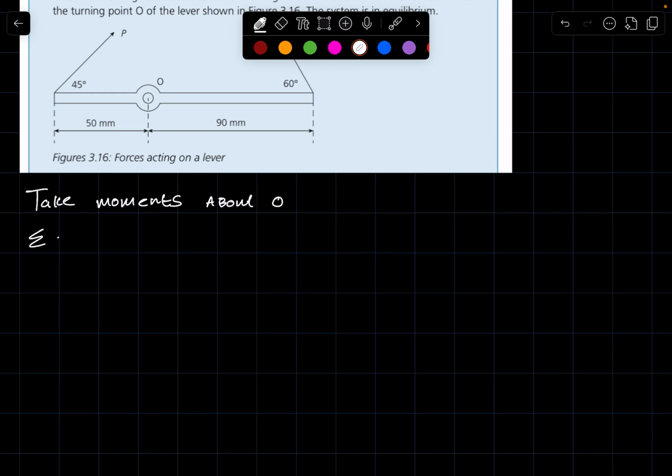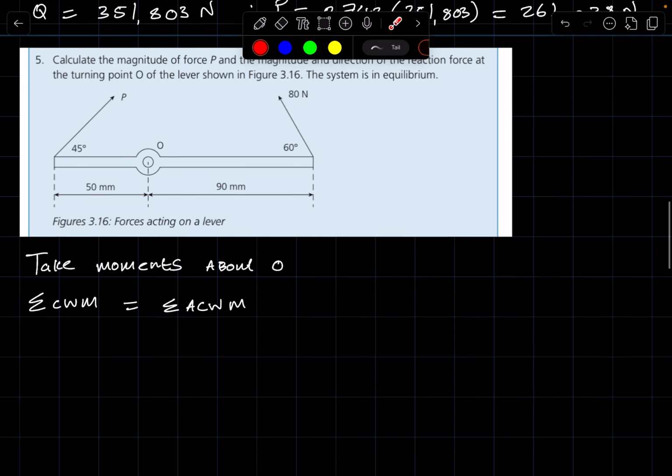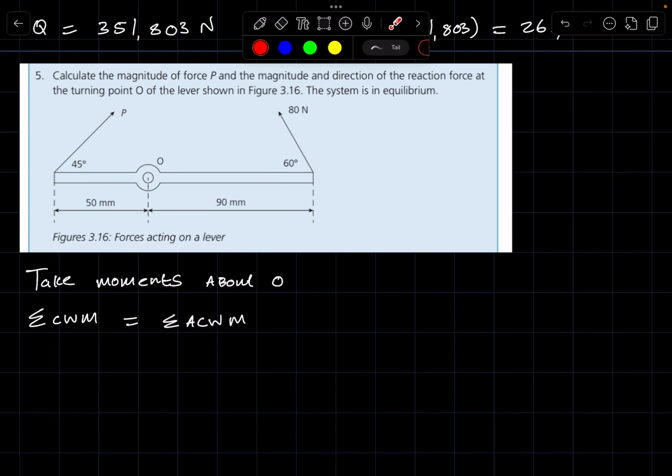The sum of clockwise moments is equal to the sum of anti-clockwise moments. That's one of the conditions of equilibrium, or more specifically, static equilibrium.